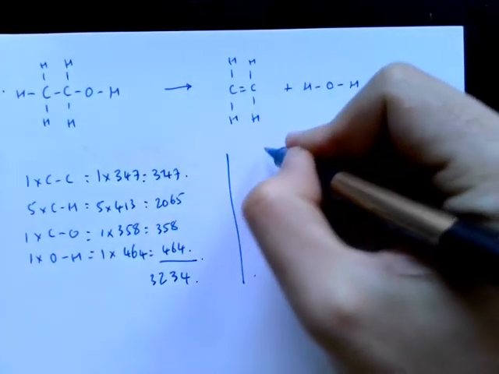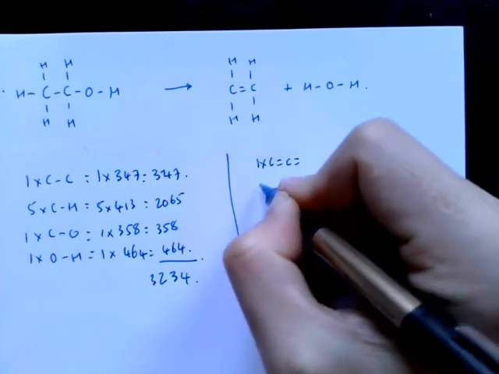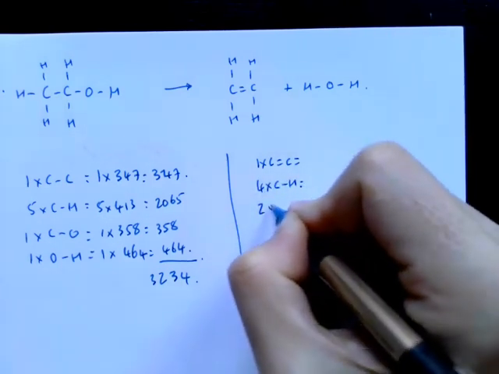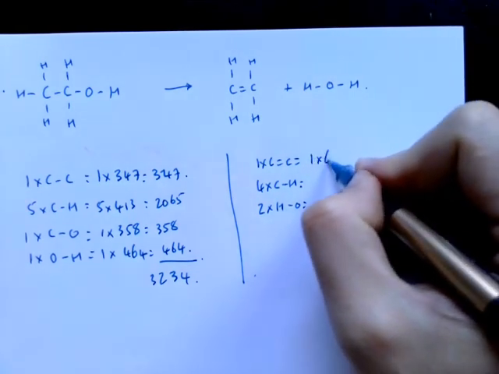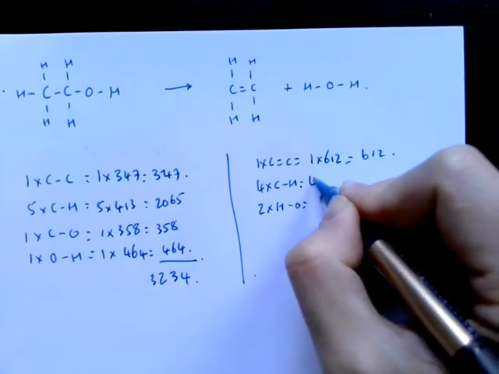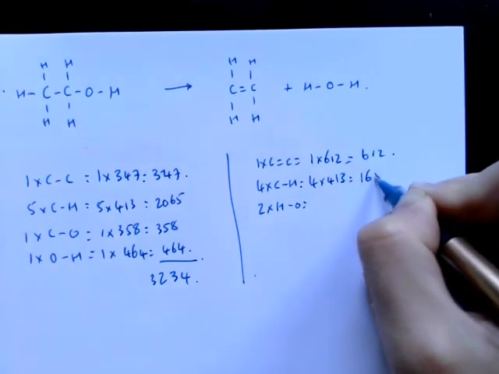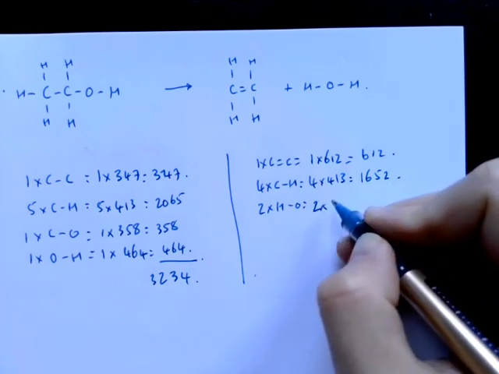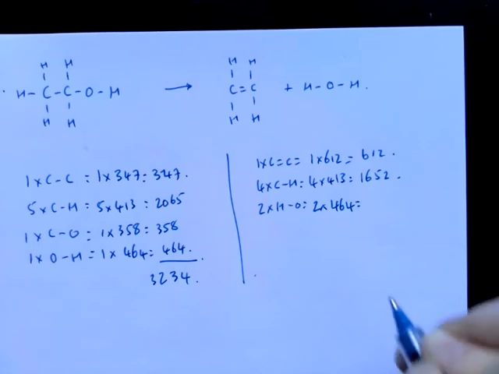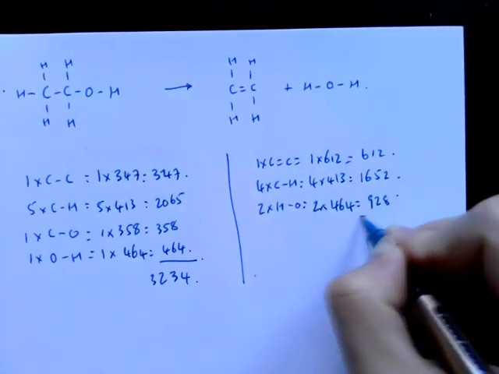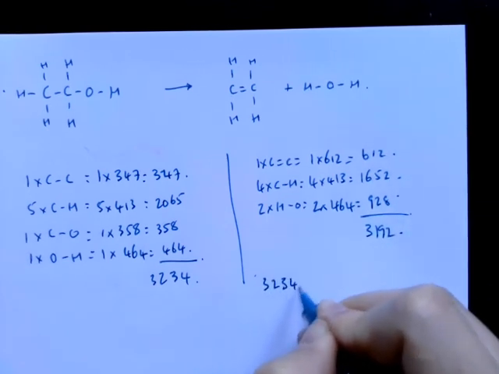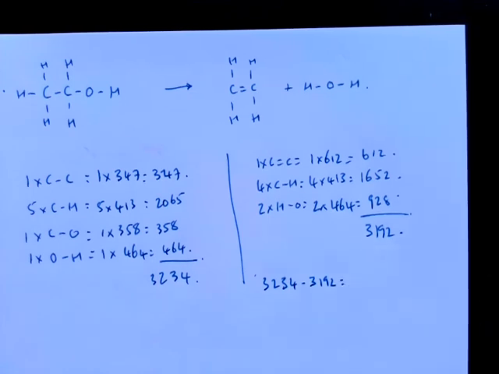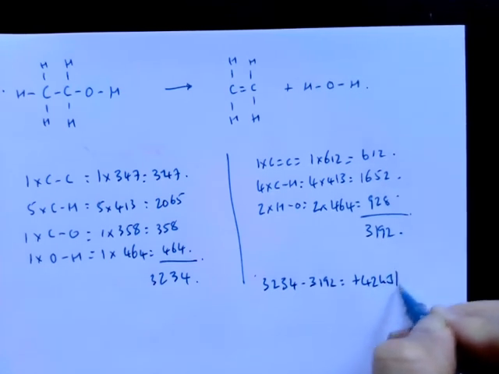Okay, and then over here I've got 1 times C=C double, 4 times C-H, and 2 times H-O. So my double bond is 1 times 612, that's 612. 4 times 413 is 1652, and this is 2 times 464, which is 928. And if I add those up, I get 3192. And if I do 3234 minus 3192, I get plus 42 kilojoules per mole.